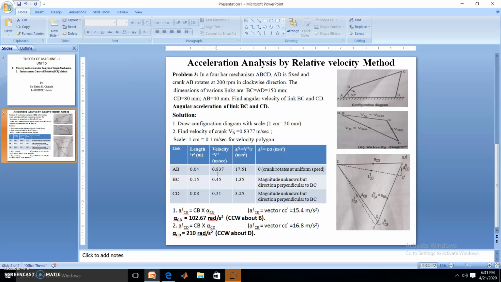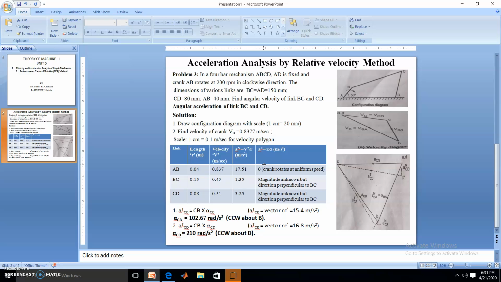Let us see how to draw the acceleration polygon. First of all, you take the scale for the acceleration polygon. For that, you have to find the normal component of the crank, which is determined from the formula velocity square divided by crank length, and the value comes to 17.51.